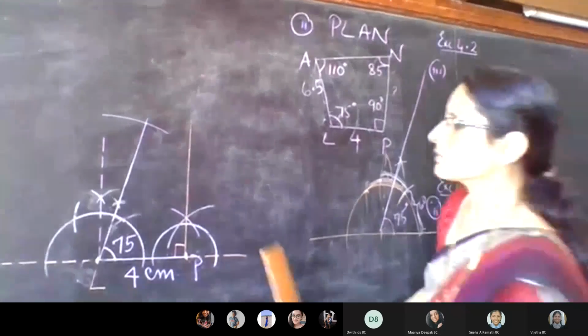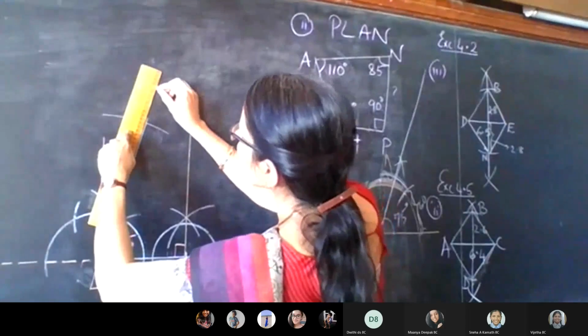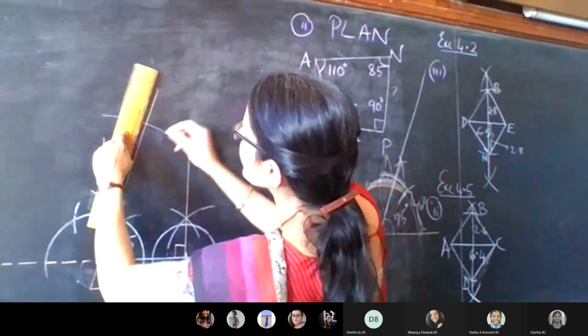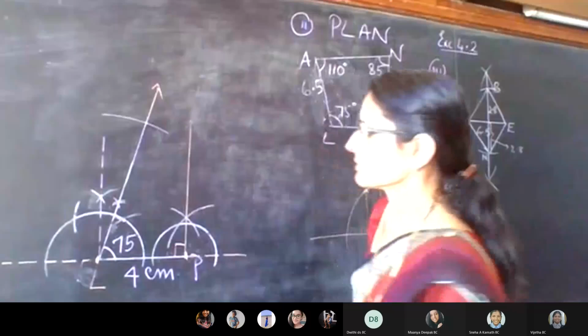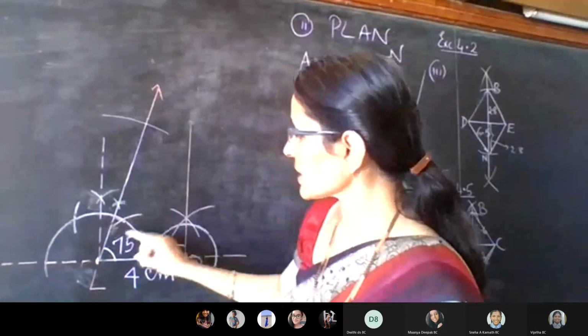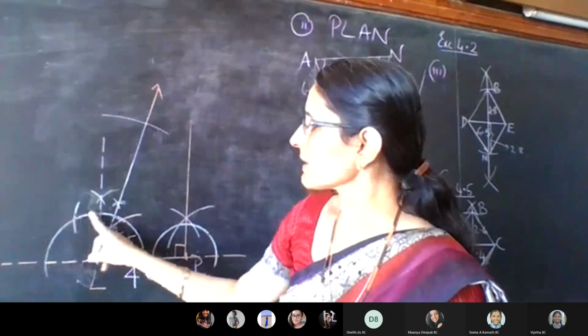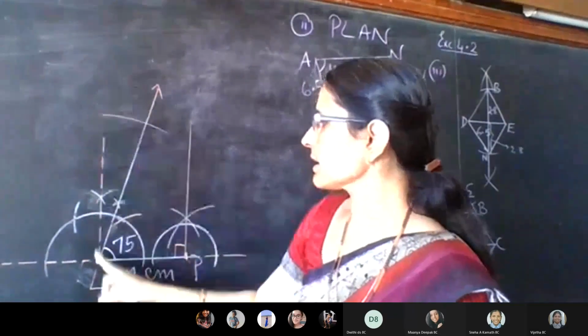Ma'am, once repeat. Okay. 75-degree, did you complete, online students? Yes, ma'am. First 60, next 60, next 60. Then bisect this and get the 90-degree.